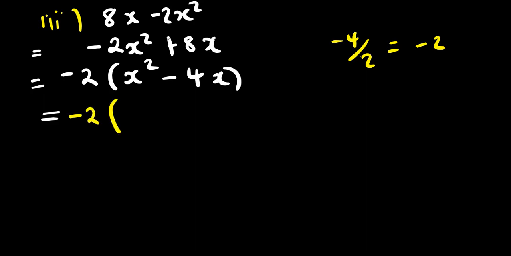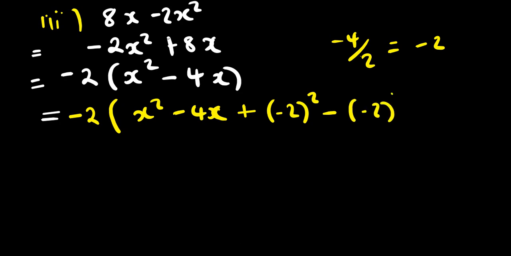We open our brackets, so we have x squared minus 4x plus negative 2 squared, minus negative 2 squared. Then we are going to simplify this.